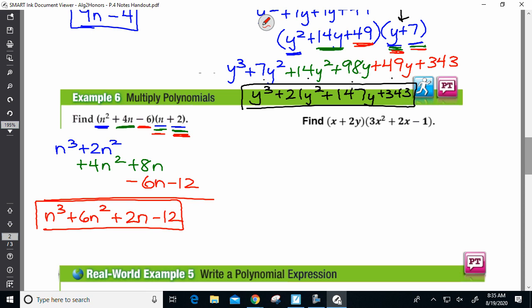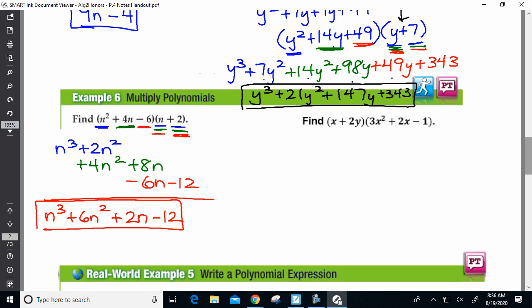All right, now let's do this one and then we'll tackle the word problem at the bottom. x plus 2y times 3x squared plus 2x minus 1. So here we have two different variables.